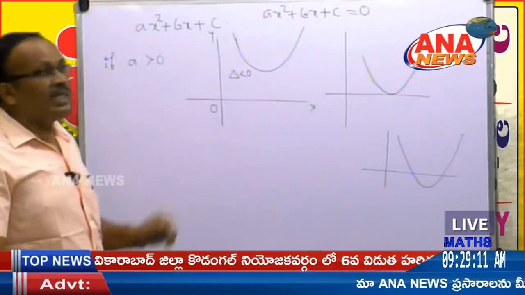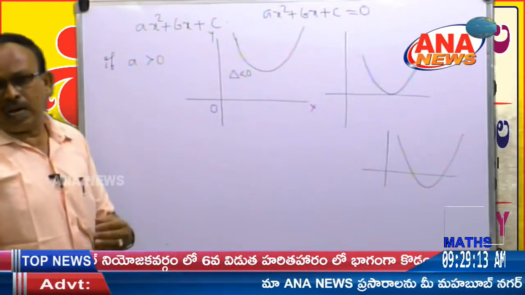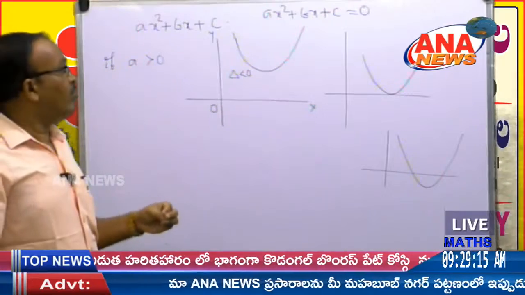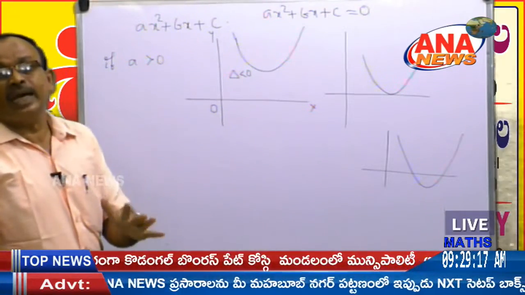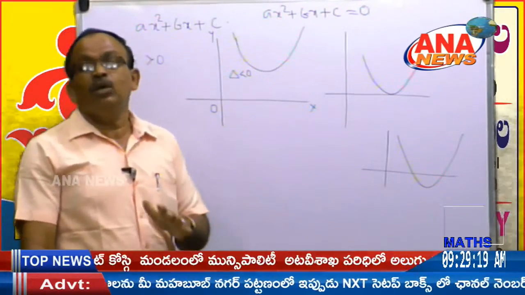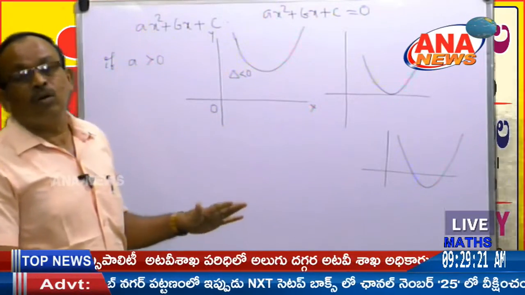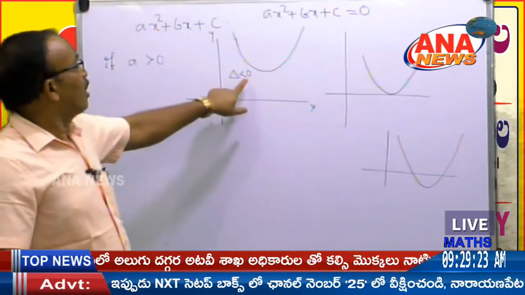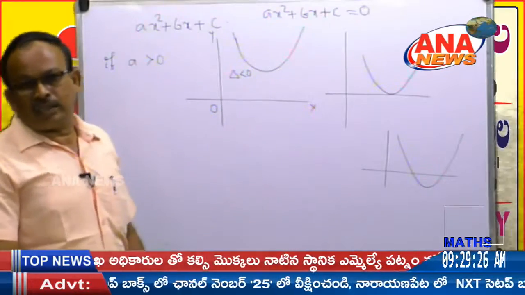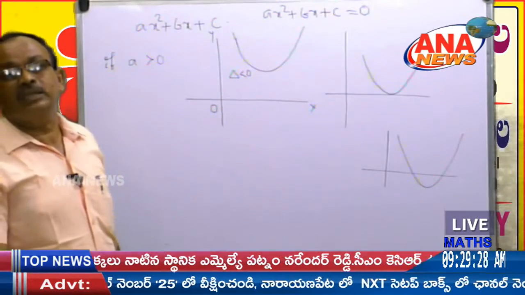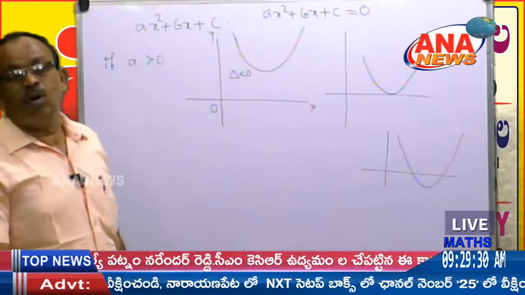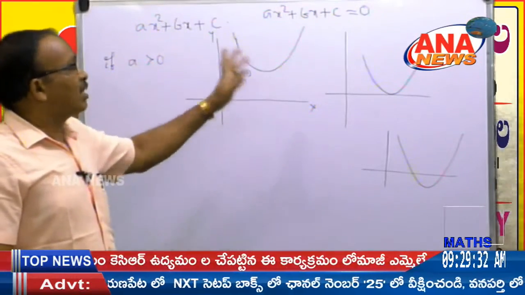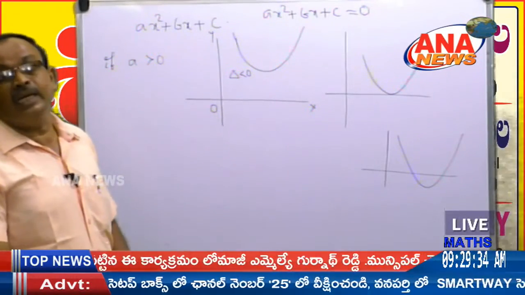So in the first case, delta less than 0 means that the curve does not intersect the x-axis. Not intersecting the x-axis means no real roots. That is clear, no? If delta less than 0, the equation has complex roots, no real roots, that is, it does not intersect the x-axis at any point.